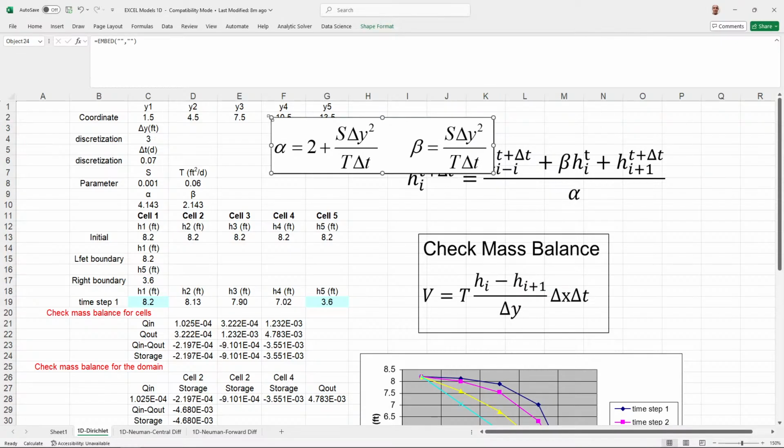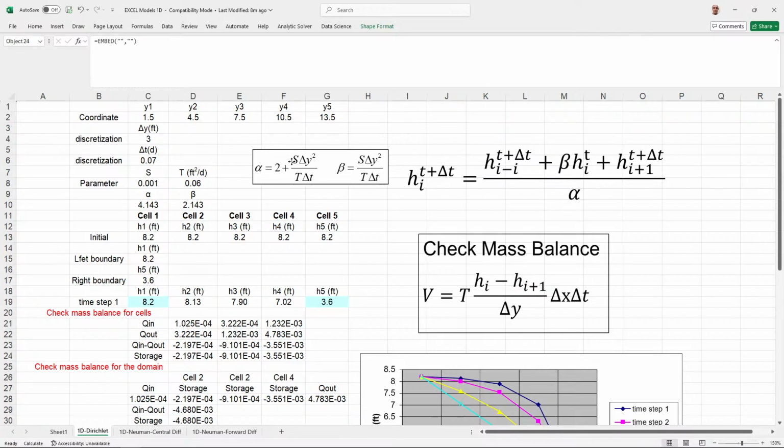Yeah, so you remember. So that's what alpha is. If you check here, alpha would be 2 plus s plus and so on. You have this equation for alpha, and you have this equation here for beta. It's s times delta y squared divided by transmissivity divided by delta time, and so on.